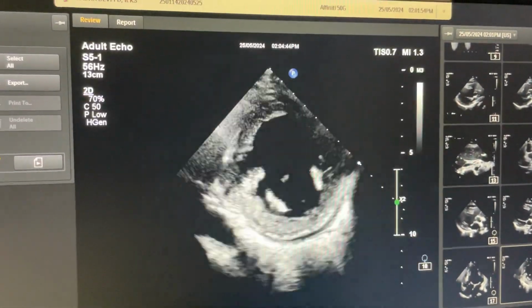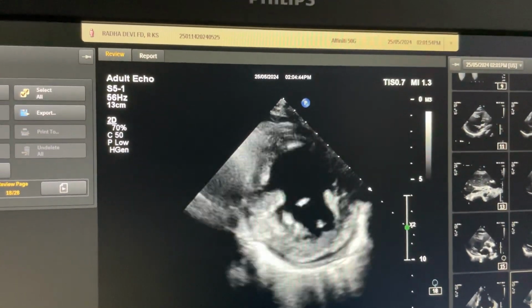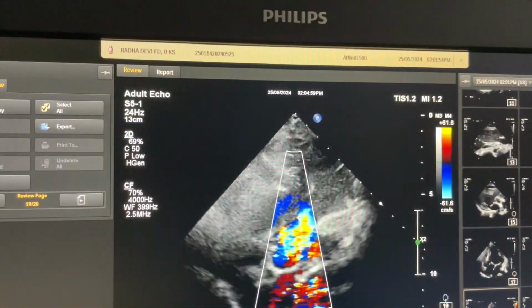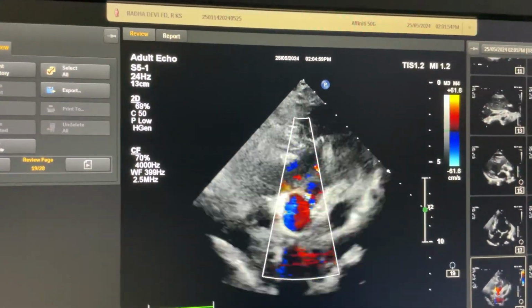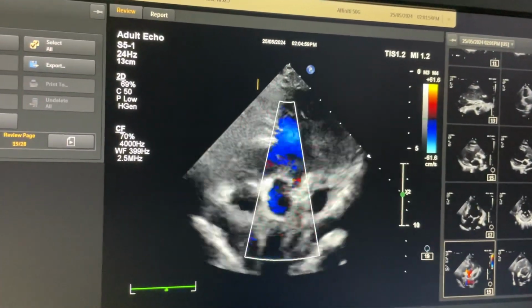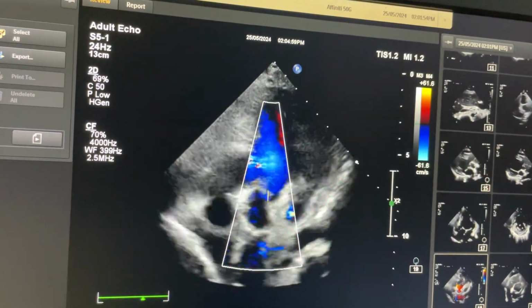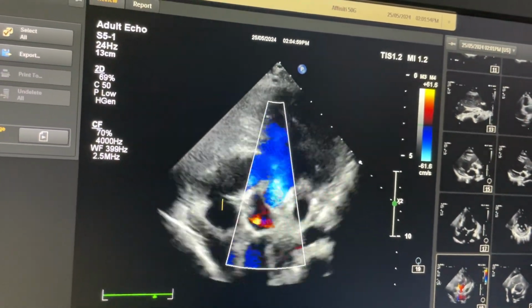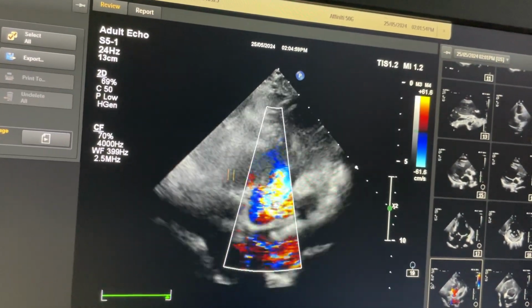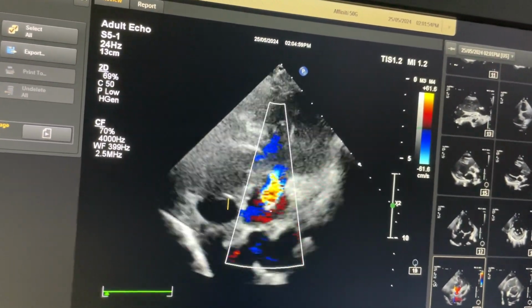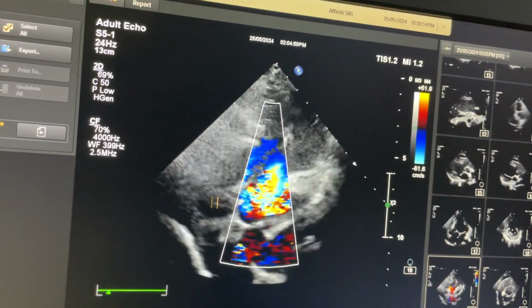Again double inlet single ventricle. This is the cross-sectional view. You can see the obstruction, valvular obstruction. Again you see this is the pulmonary valve, flow obstruction. This is the aorta, no flow obstruction. And this portion, the right ventricular outlet portion, is only giving to the aorta.